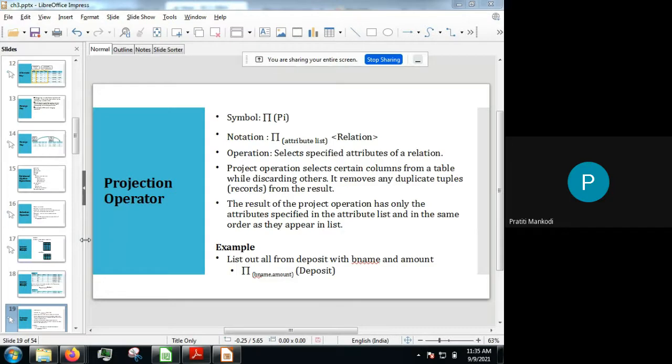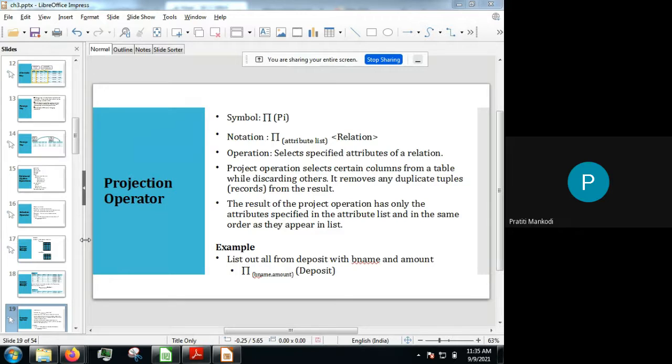Your select query selects particular columns. It can be one, many, or all. Select star from table. Select account number, comma, balance from account. That means you are selecting a few columns from the table.